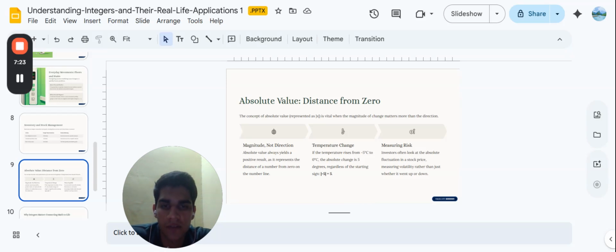The absolute change is 5 degrees. We are not concerned with whether the change in temperature is positive or negative. We are just concerned about the magnitude of change. Most of the time, investors look at the absolute fluctuation in stock prices, measuring volatility rather than just whether it went up or down.